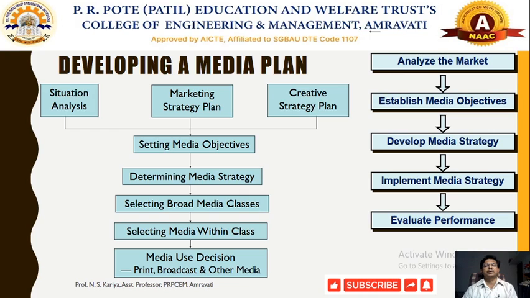Selecting the broad media classes. After identifying the respective features of the selected media vehicles, finally we are in a position to identify which particular media vehicles are appropriate so as to get the maximum impressions on the user. And then, last but one, selecting the media within the class.